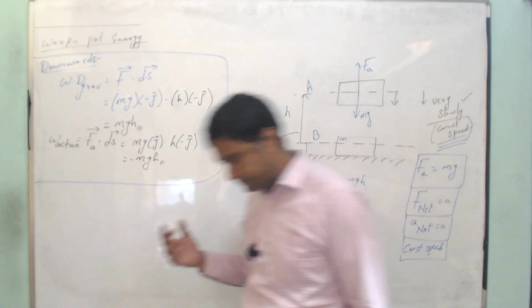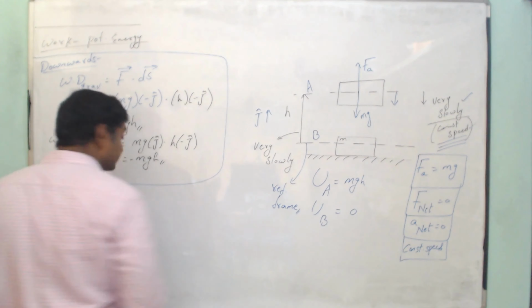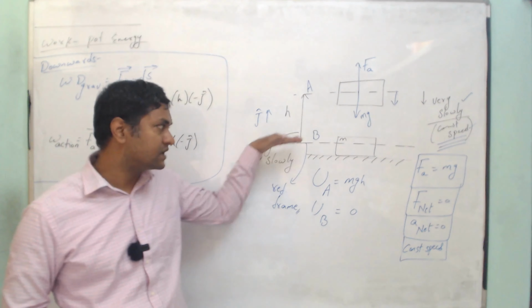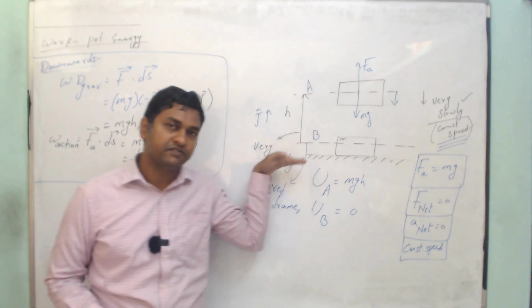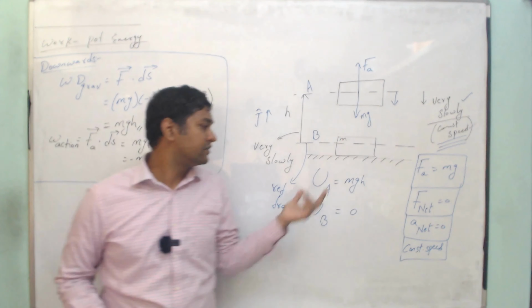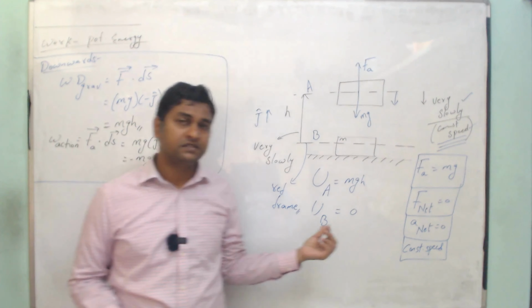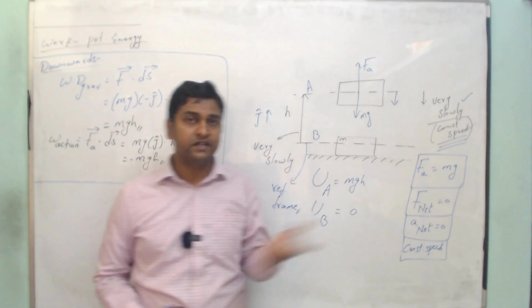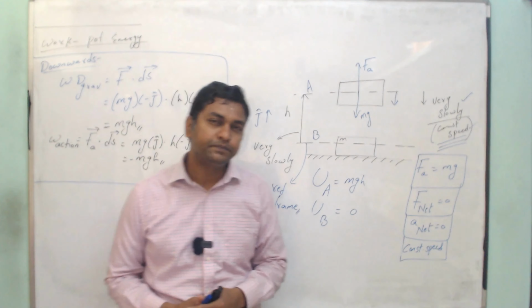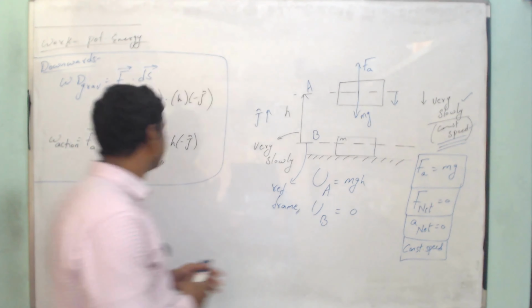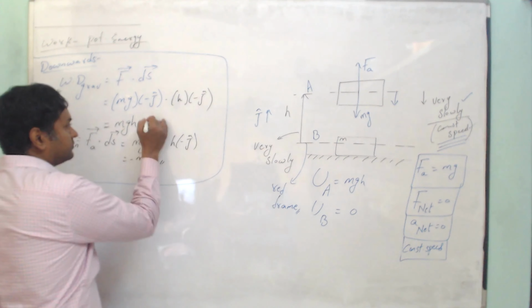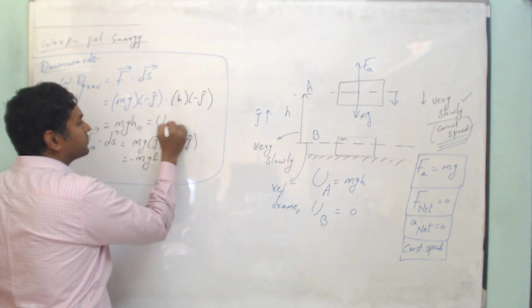It's our wish. So I am taking this line as my reference frame, and therefore I'll take UB as 0. Automatically UA is mgh. Correct? Now, if you look at it, this will become UA minus UB.